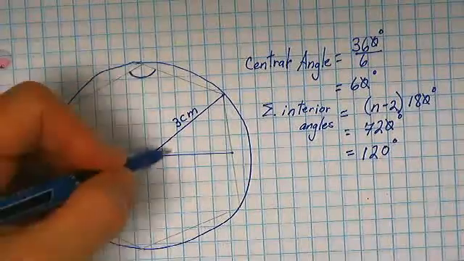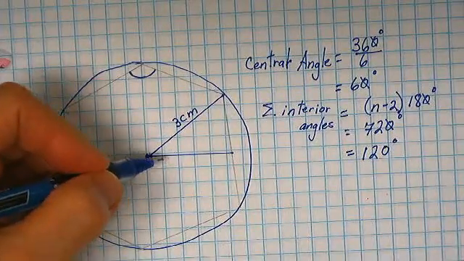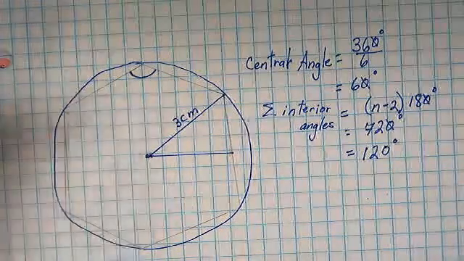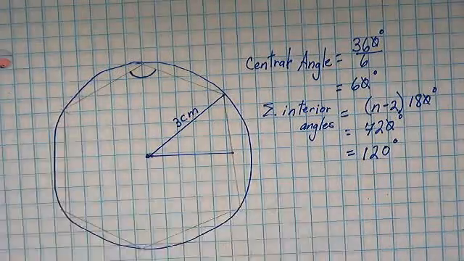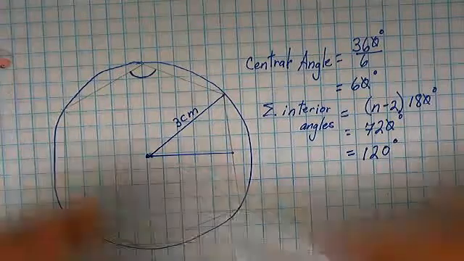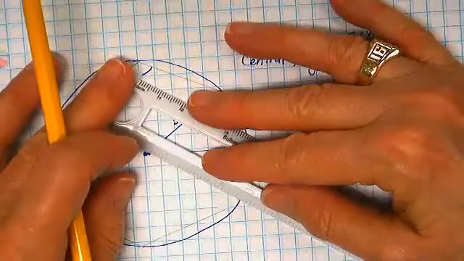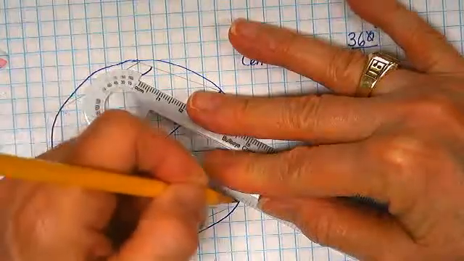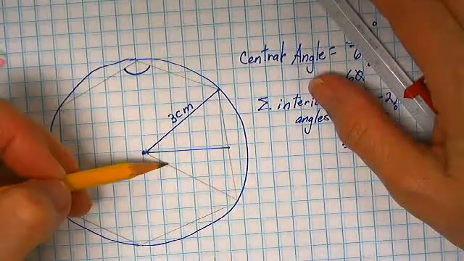So any of my central angles is 60 degrees. This would be a central angle.